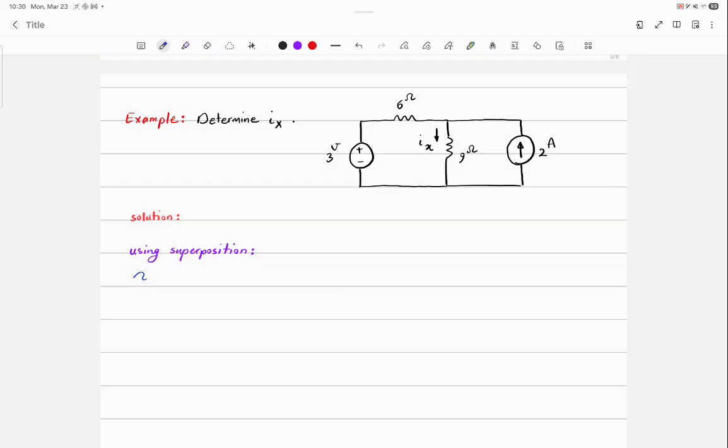So first, let's consider only the voltage source.